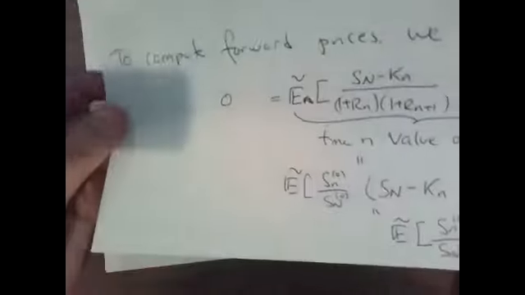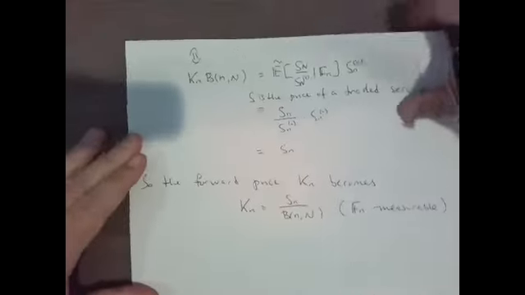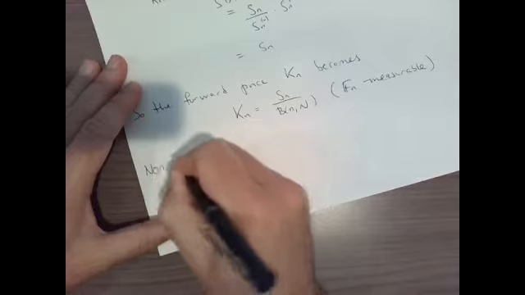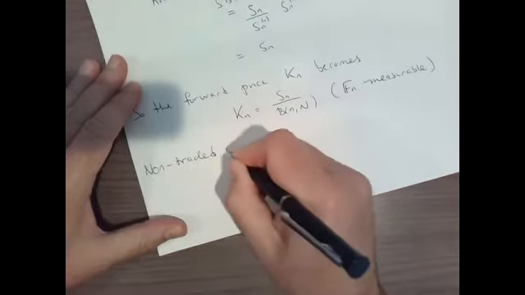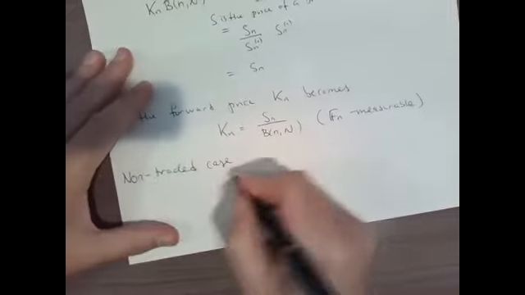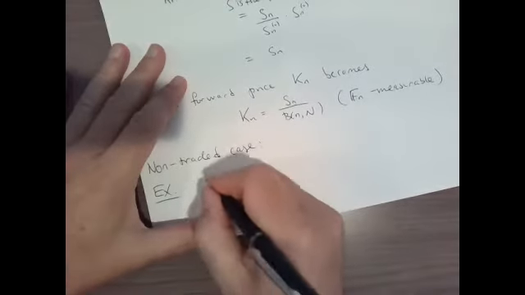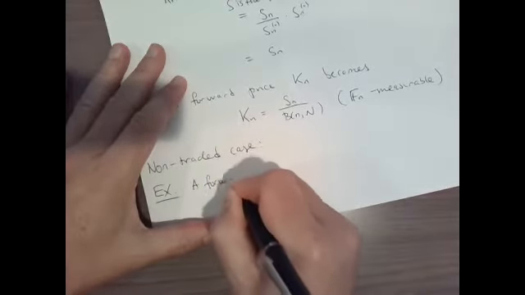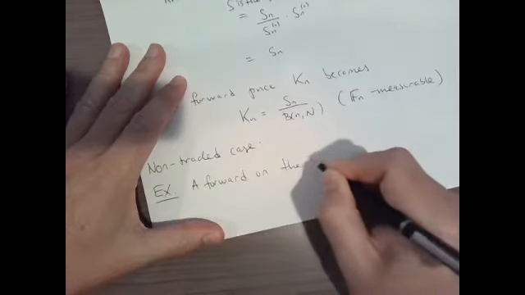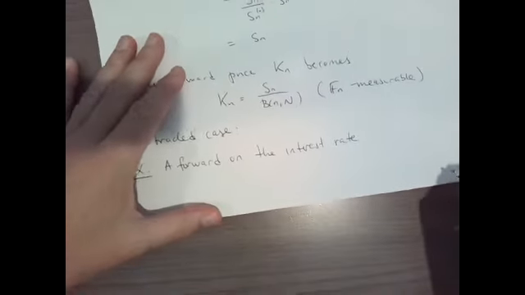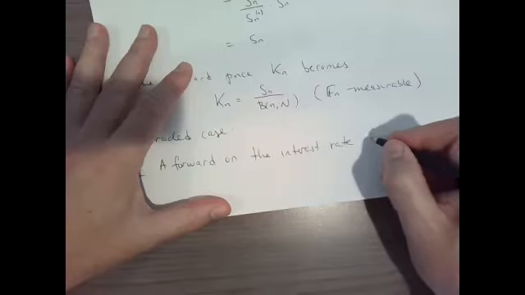Okay, so this was when the underlying was traded, but quite often it's not. So the non-traded case. An example here could be a forward on the interest rate. So you could have Rn.